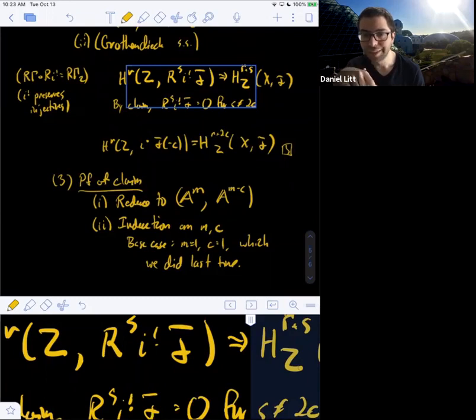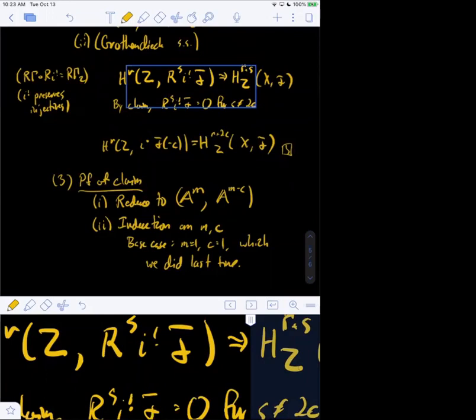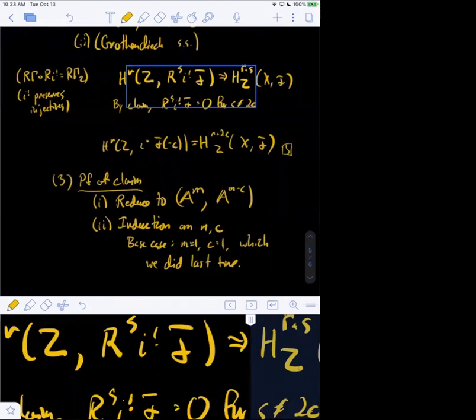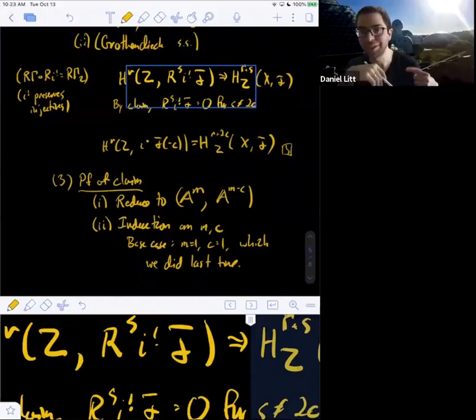Do you agree with that, Niklas? Like if you're trying to show some stuff is 0, for example, that's something you can check after an étale extension. Okay. Yeah, and then if you're trying to check a map is an isomorphism, that's something you can check after an étale extension.